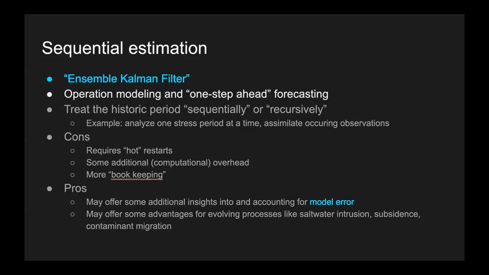This means the ensemble Kalman filter may offer some statistical advantages in terms of accounting for and possibly correcting for model error. And in the same way, the Kalman filter may also offer some advantages for temporally evolving processes like saltwater intrusion, subsidence, and contaminant migration.